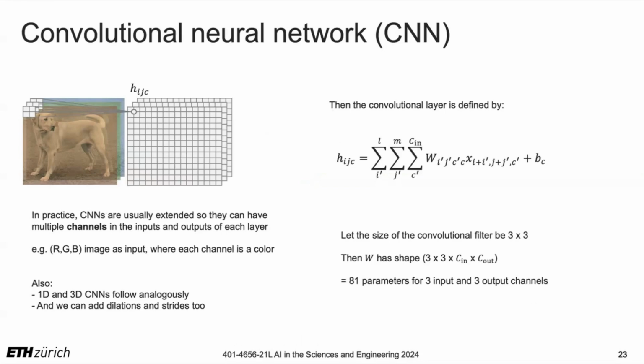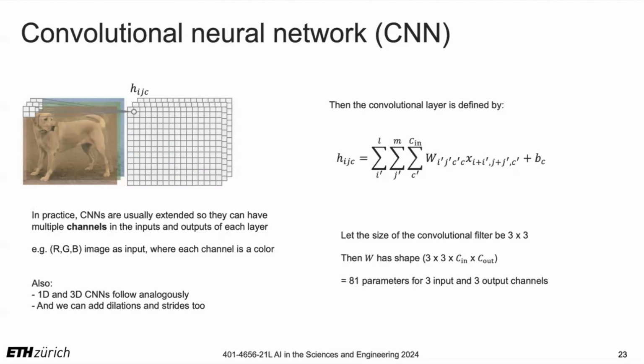And then each neuron in each channel is not only connected to a single channel in its input, but also all the other channels too. So you just build out the weight matrix and sum over the channel dimension as well. That's the extra summation that we're adding here in our layer function. So this gives us a few more weights, but makes the network more expressive, and it can learn features across different input channels.